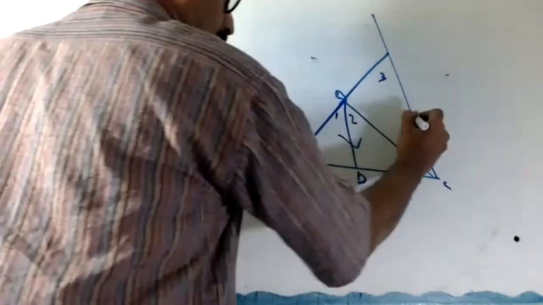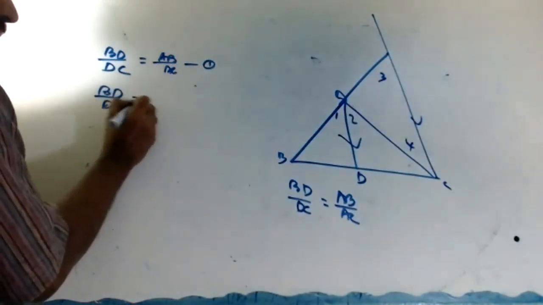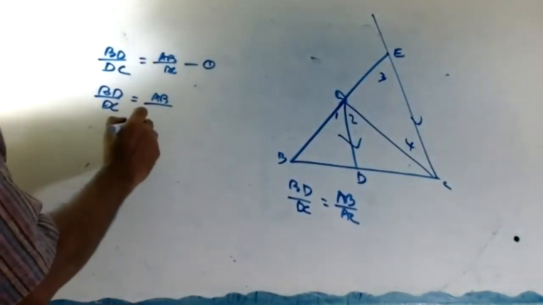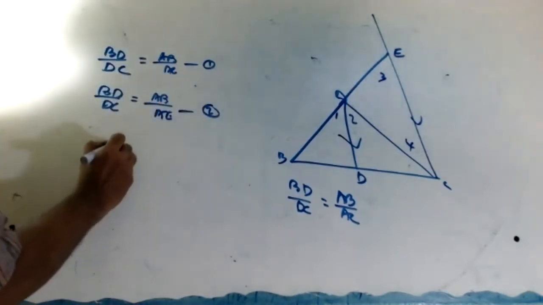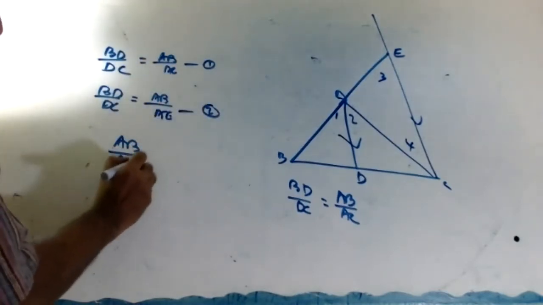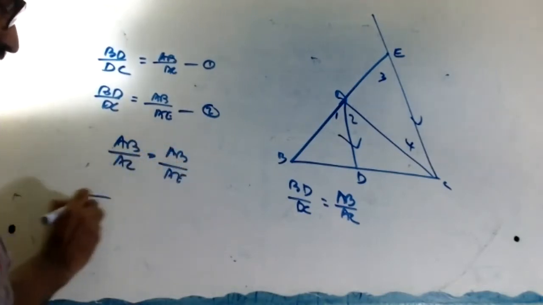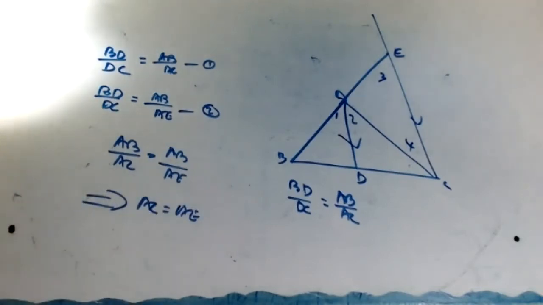This line parallel here. Again, BD by DC equal to AB by here E, AB by AE. Number 2. From 1 and 2, AB by AC equal to AB by AE. So which implies AC equal to AE.